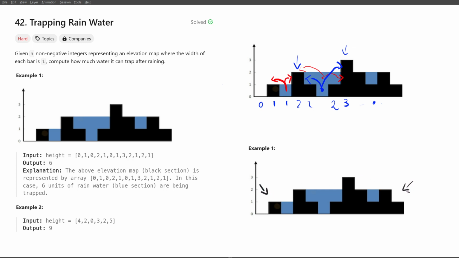And the central observation that will allow us to solve this problem in constant space is that if we remember the prefix maximum up to our left position, and the suffix maximum up to our right position, then one of those is at least as big as the other.